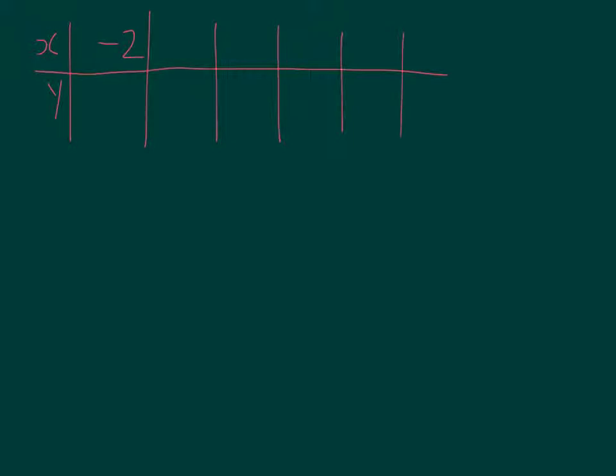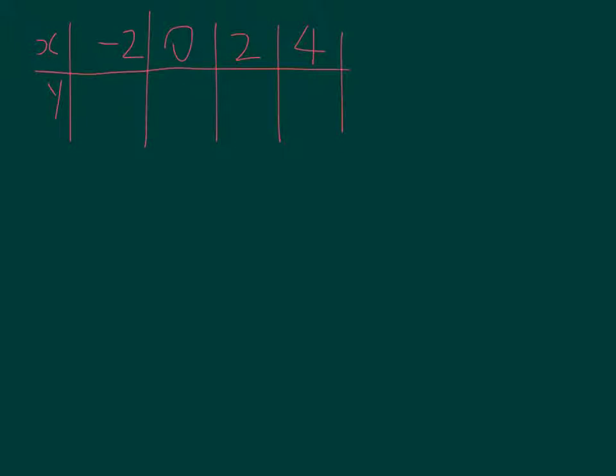Let's look at this one where we've got to be a little bit savvy. I've got my x and my y values. Again, ruler, please. I've got minus 2, 0, 2, and 4. I've gone a little bit big here.